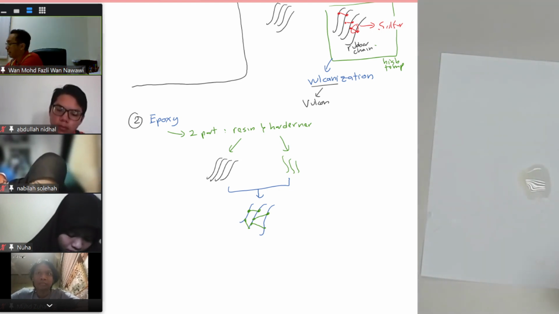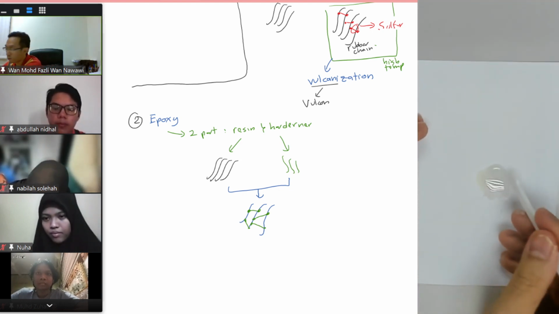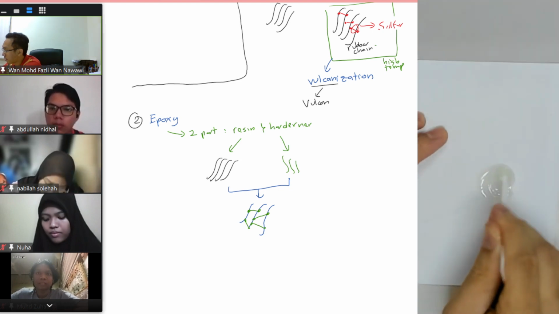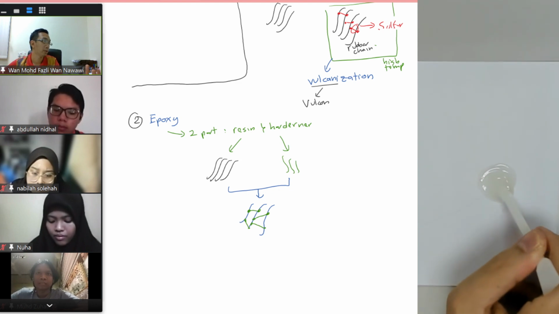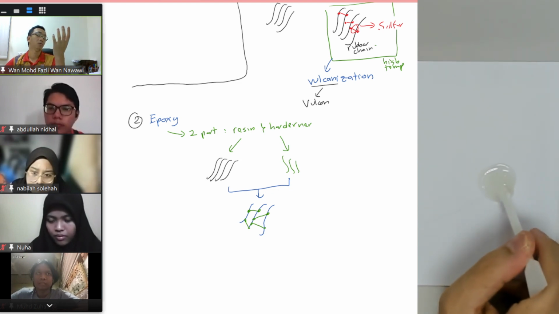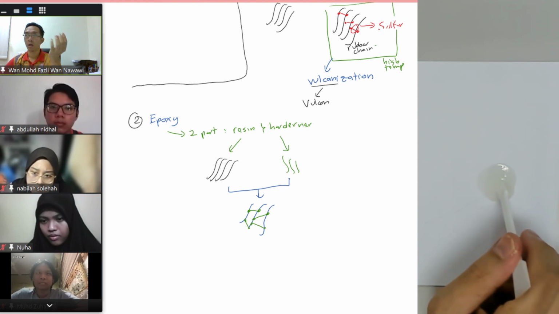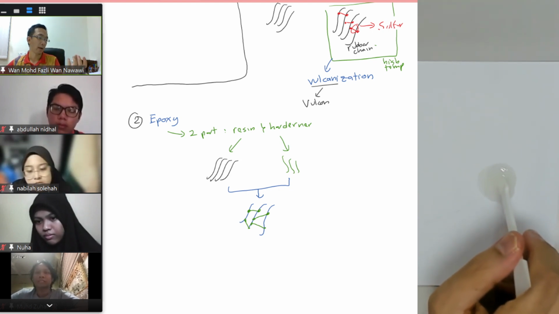Now the reaction has not happened yet. You need to mix this thing, like this, like that. Normally when you deal with epoxy, it's advisable to wear gloves, because once the cross-link happens, it becomes hardened, as if you get glue there.